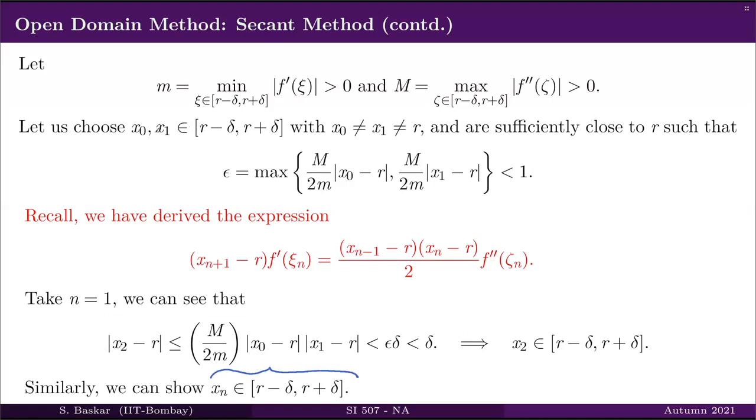All we have to make sure is that our x0 and x1, which are chosen in the delta neighborhood, should be carefully chosen such that this expression is less than 1, right? That is used here. Once you make sure about your initial guesses, then your entire sequence will sit in the delta neighborhood. That is what we have shown here.